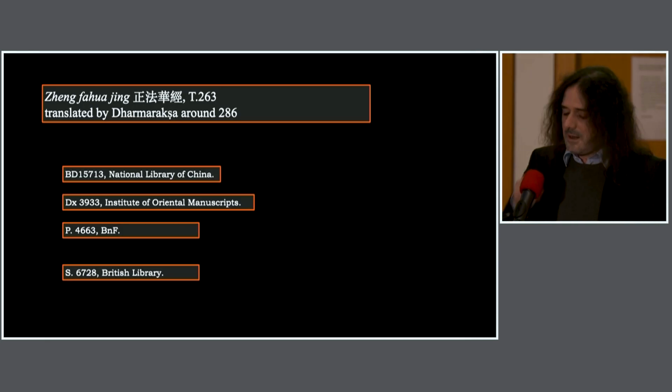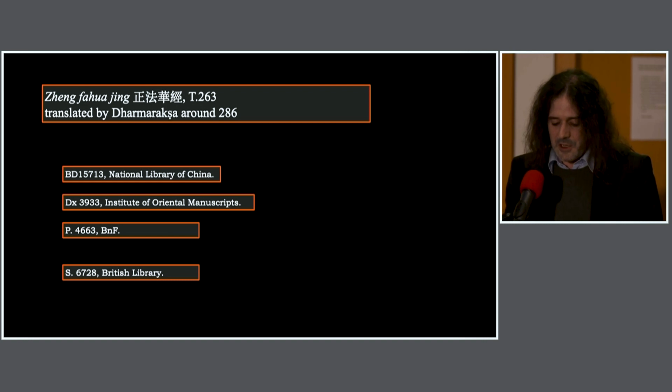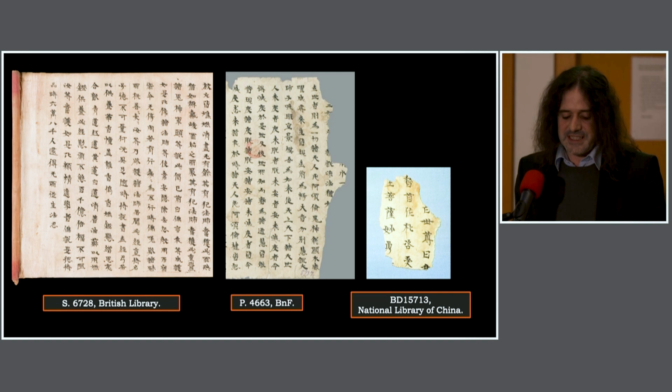Four other manuscripts, which may also belong to a same scroll set, are written in this archaic writing style, including this copy of the British collection on your left. This writing style is attested in manuscripts dating back to the 5th century.